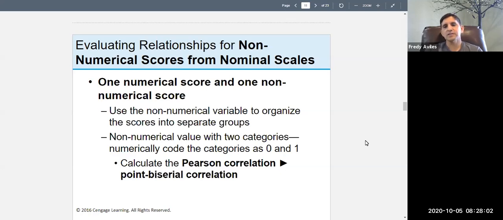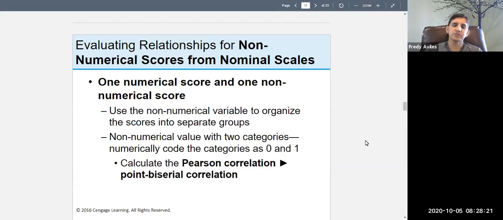Let's say we assign males to be 1 and females to be 0. So we just turned sex into a number. We coded it differently. You have two simple groups, right? So females are 0 and males are 1.